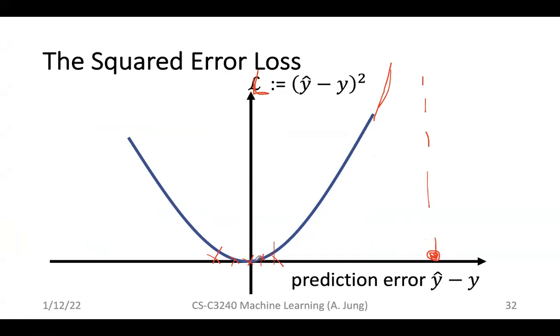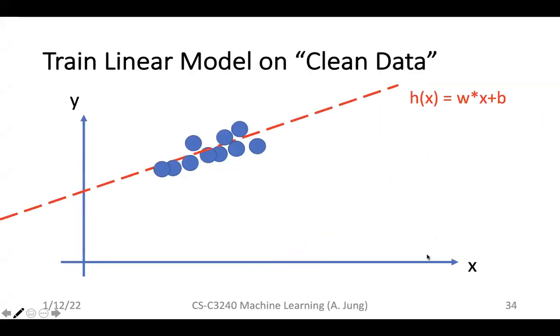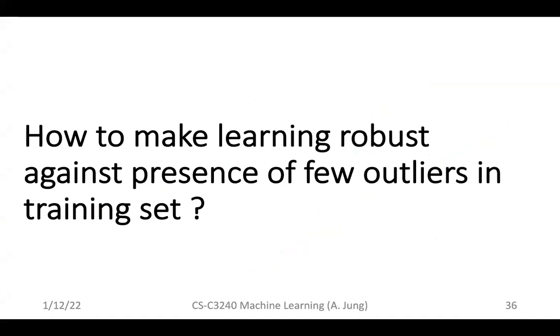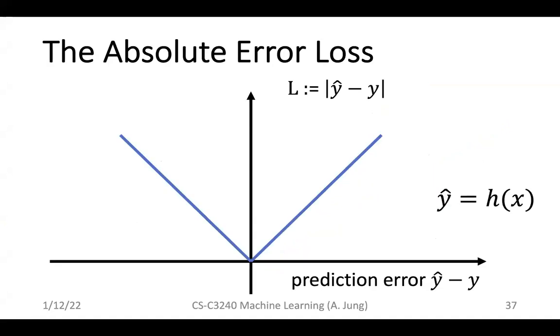However, if we take the absolute error loss, the effect is not so strong. It is only linearly increasing in the magnitude of the prediction error. So there is much less emphasis on this single outlier. Okay, so this absolute error loss makes the resulting empirical risk minimization method more robust against outliers.